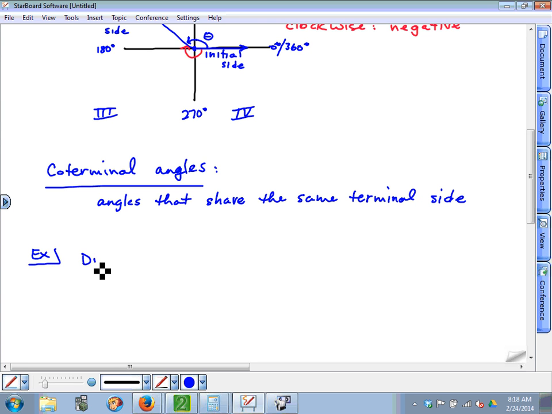I want you to draw these two angles on the same graph. Draw 200 degrees.